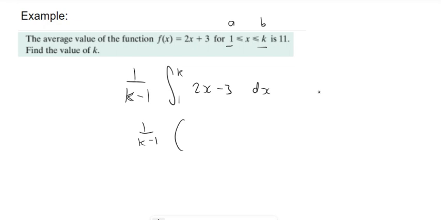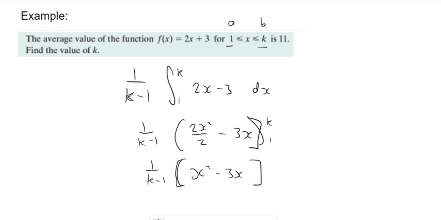So we'll get 2x squared over 2 minus 3x, and that's between k and 1. So we've integrated it now, so 1 over k minus 1. We can just tidy it up a little bit, so we can call that just x squared minus 3x, and then we're ready to put in k and 1.